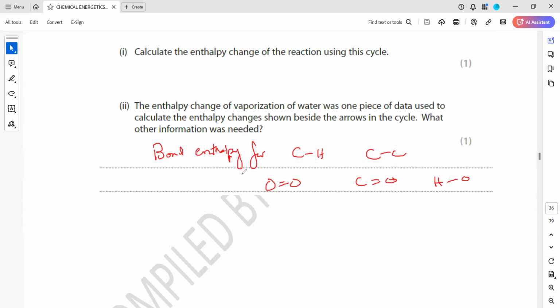So we need bond enthalpies to calculate how much energy will be released overall. Because if you remember in IGCSE, we used to calculate bond breaking minus bond forming to give us the enthalpy change. So for that, we need the bond breaking energy and bond forming energy. Here, we need the bond energies for all of these reactants and the products.